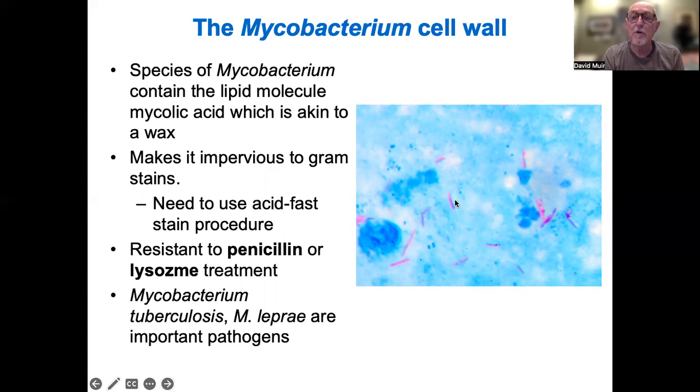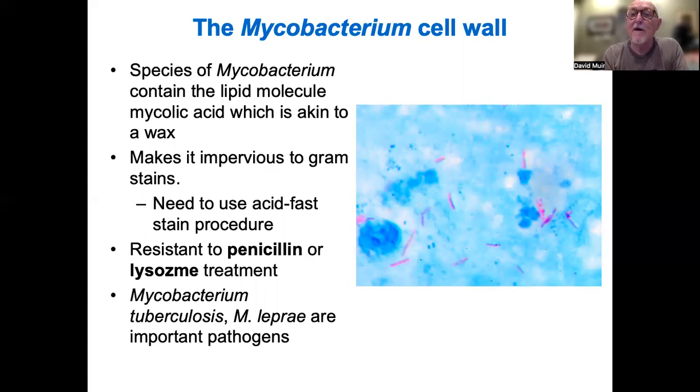These are an important clinical group of bacteria called the mycobacteria. They cause, for example, tuberculosis, Mycobacterium tuberculosis, and leprosy, Mycobacterium leprae. There are others which are harmless, but they will show the same cell wall response.